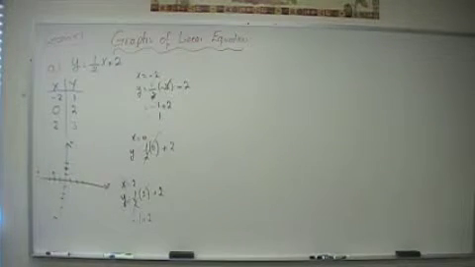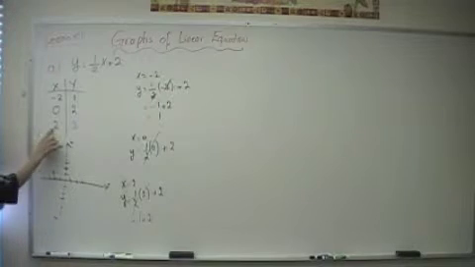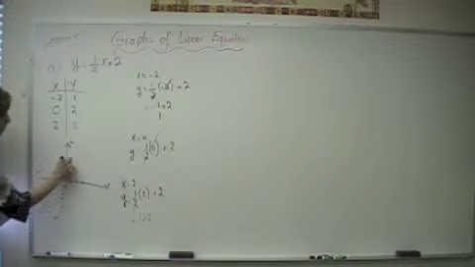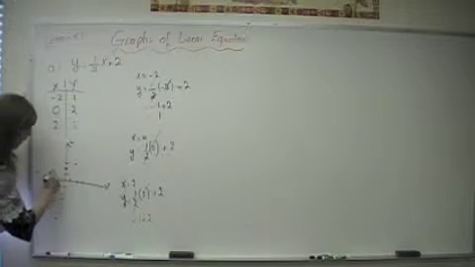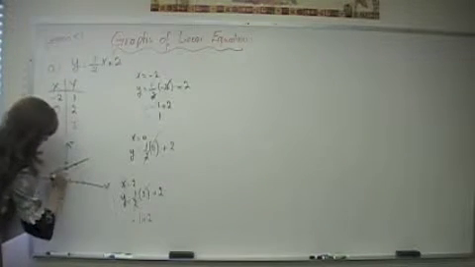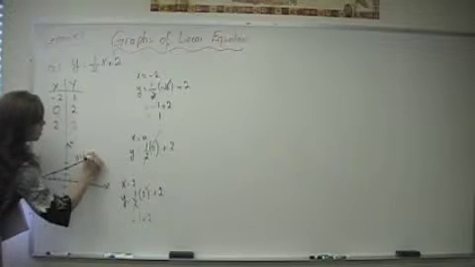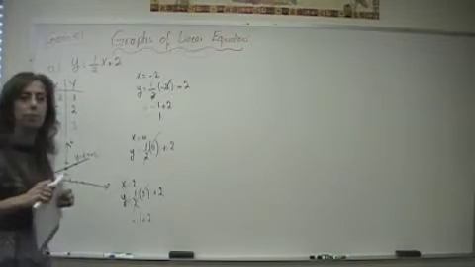So here's my second point. The last point, x is 2 and y is 3. Then I connect these points and I can say that this is my y equals 1/2 x plus 2.